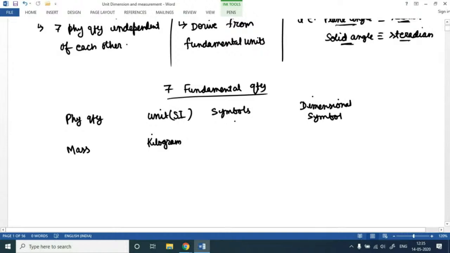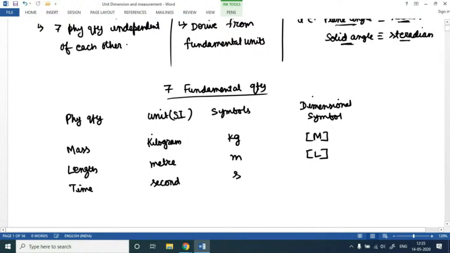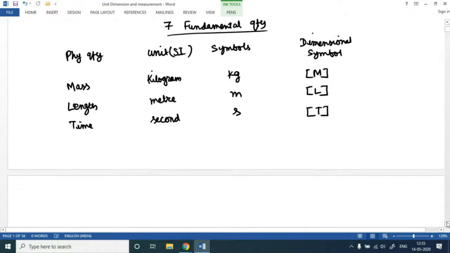The symbol of kilogram is kg, and the dimensional symbol would be M. Then we have length, its unit is meter, its symbol is m, and its dimensional symbol is L. The third fundamental physical quantity is time, and its unit is second, its symbol is s, and its dimensional symbol is T. Then we have electric current, and its SI unit is ampere.